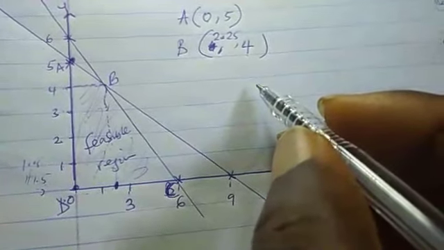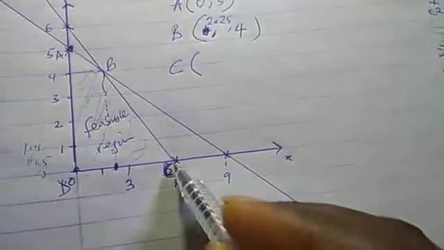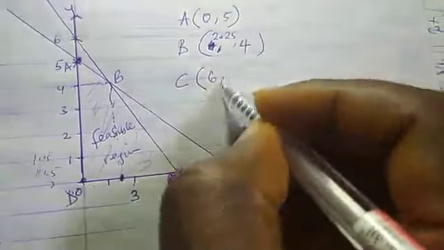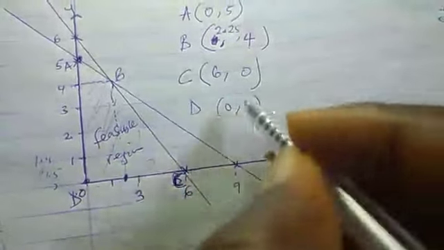So 2.25 comma 4 will be our B. For our C, x is 6, but y is 0, and for D, 0, 0, so we don't need this.